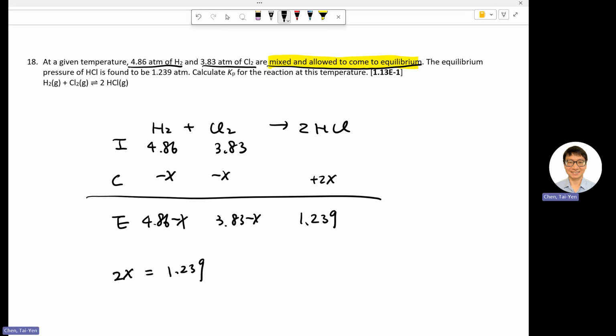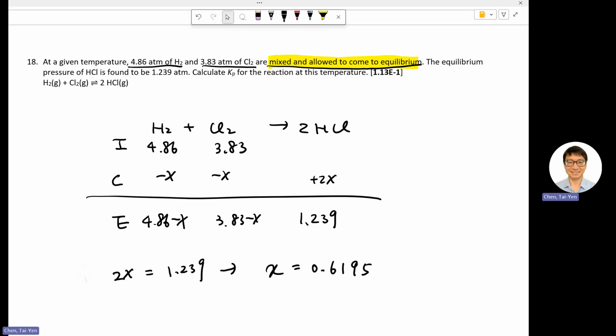Everybody follow this? From here, you can just solve for your x. So x is going to equal 0.6195.